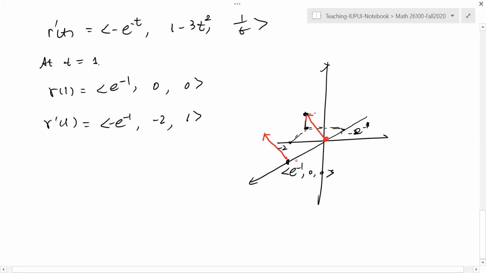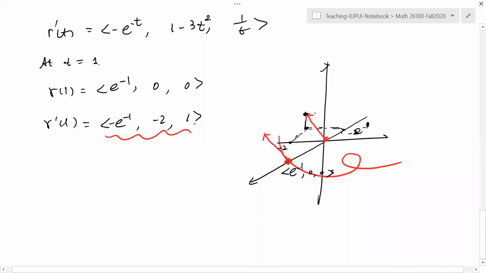The curve maybe passes through that point in this way. We don't know, but at least I can tell the tangent vector. So this is what I wanted to draw. If you just look at this vector, it's always starting from the origin, and the tip of the vector has components negative e to the negative 1, negative 2, and 1.